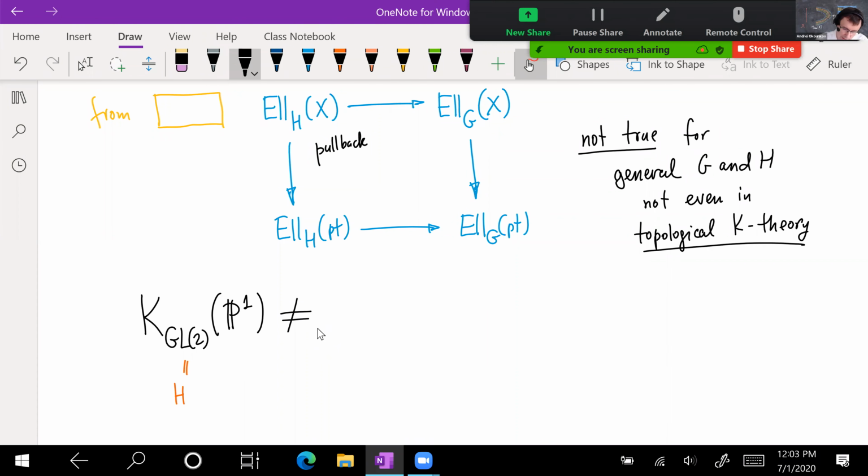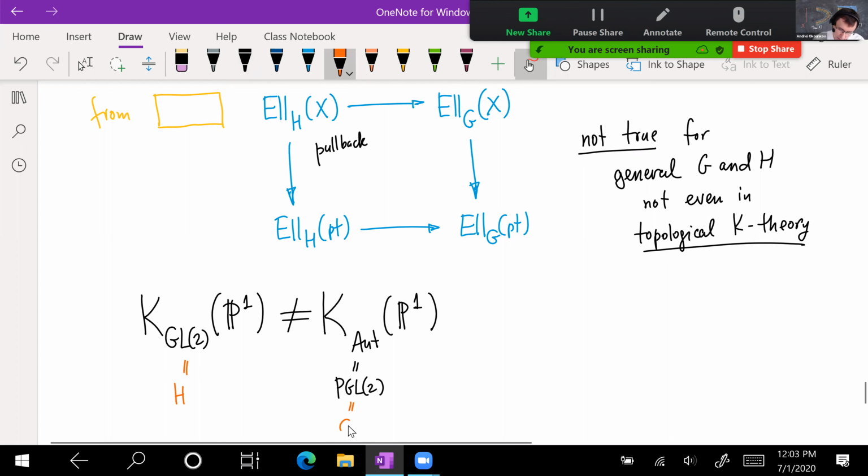This is not equal to, if you want to take the automorphisms, the automorphism group in our case of P1, automorphisms of P1, this is PGL2, which we denote by G. And so if we extend the coefficients, that is not true.